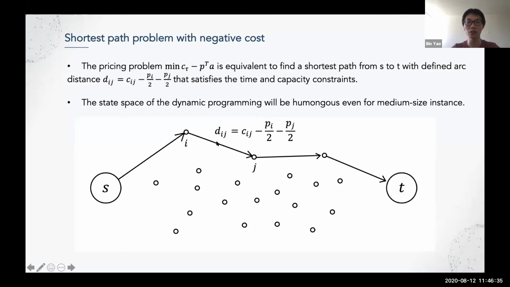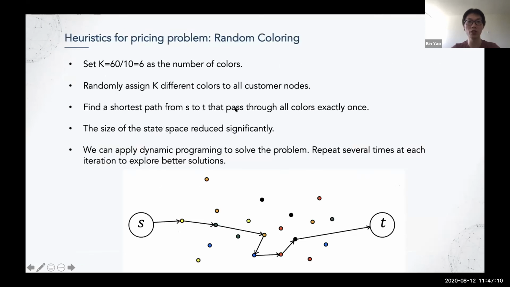We also define the distance between i and j as C of ij minus half of the sum of Pi plus Pj, where C of ij is the routing cost from i to j and P is the dual variable. Now we want to find the shortest path from S to T, which can typically be done with dynamic programming. But even for a medium-sized instance, like 20 customers, the state space will be humongous. So further, we applied a heuristic approach to solve it.